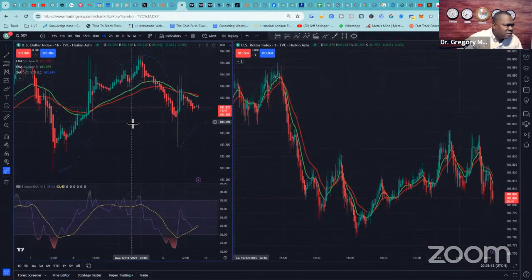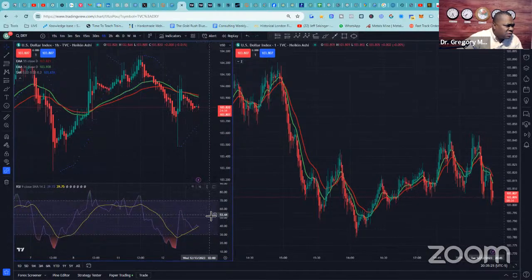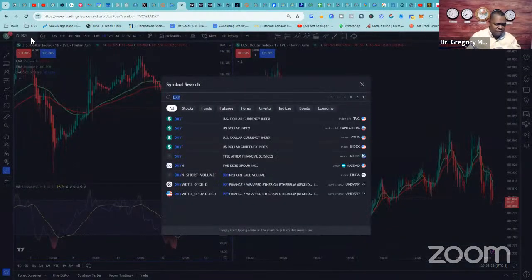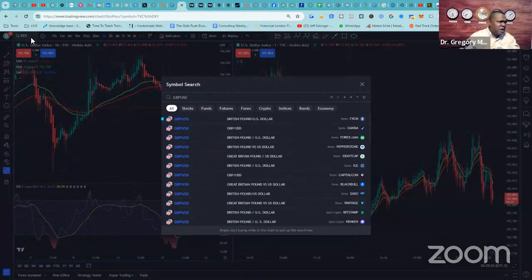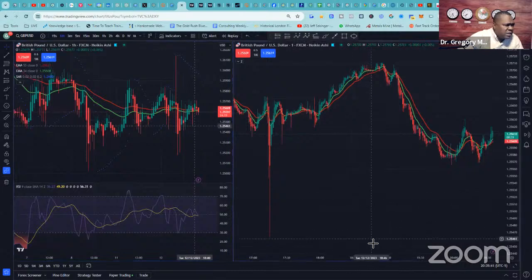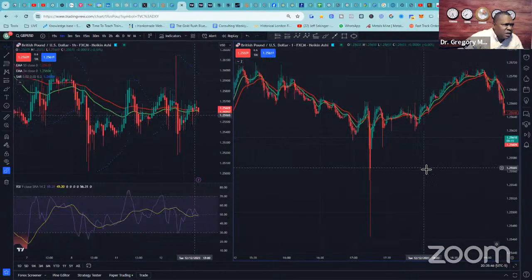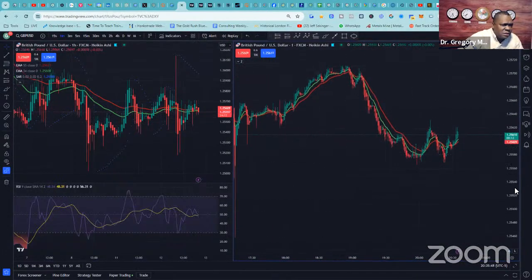I just thought about something. Dollar seems to be in a bearish kind of mood, right? Which means our other currency pairs, maybe GBP USD, may be getting ready to go to the north side. And it looks like it wants to look at that long wick. I was talking about wicks, right? Lots of wicks there.